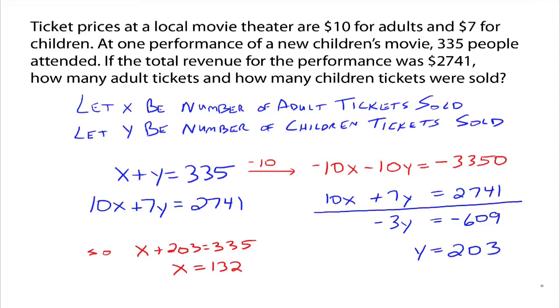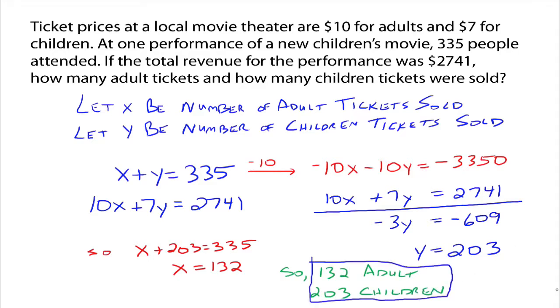Everybody see that? So 132 adult tickets and 203 children tickets. All right, make sense?